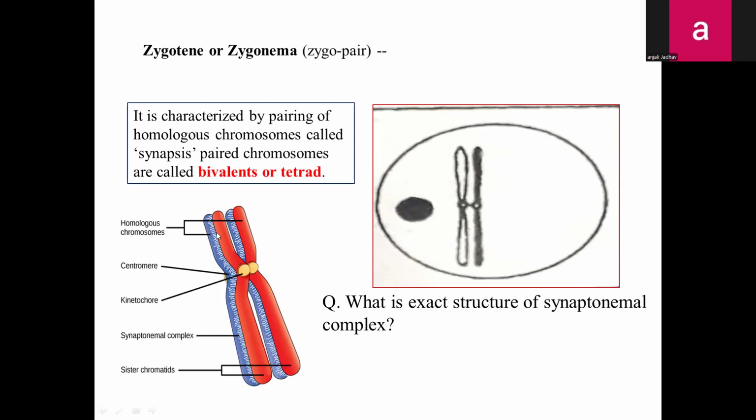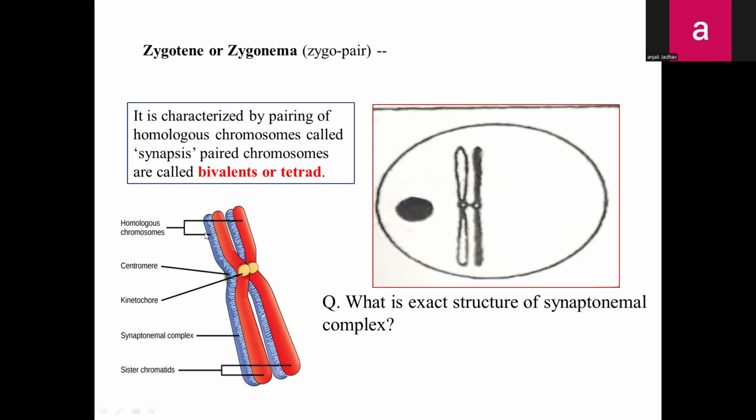So these two are the homologous chromosomes, and the pairing of these chromosomes is called synapsis, right? So pairing of homologous chromosomes is synapsis, and these paired chromosomes are bivalent. दो है इसलिए bivalent, और एक ही क्रोमोसोम के ये दो क्रोमैटिड है, इसके दो और इसके दो, so tetrad.